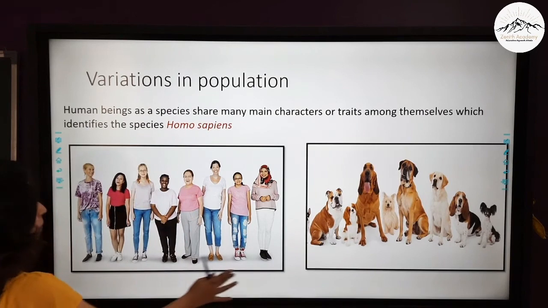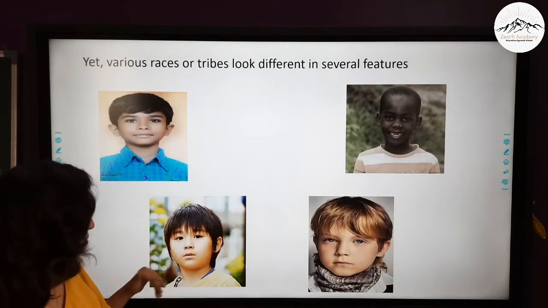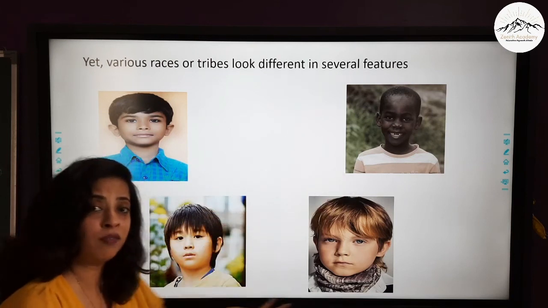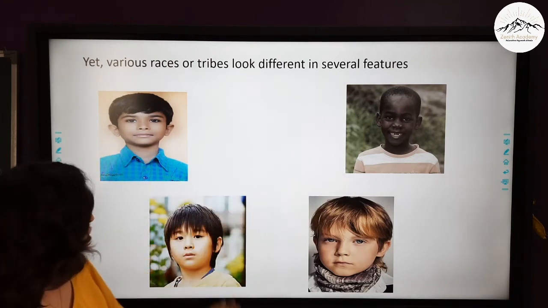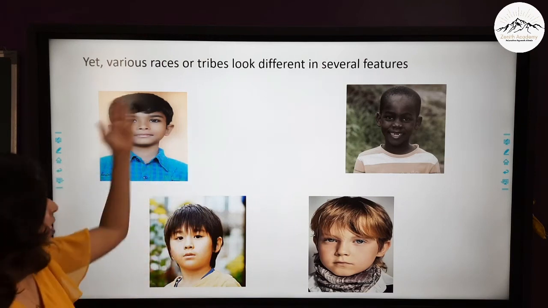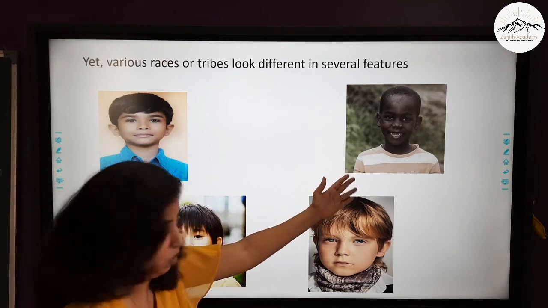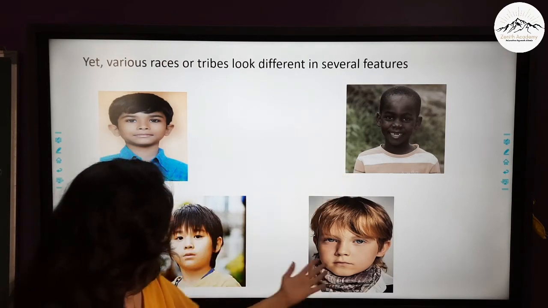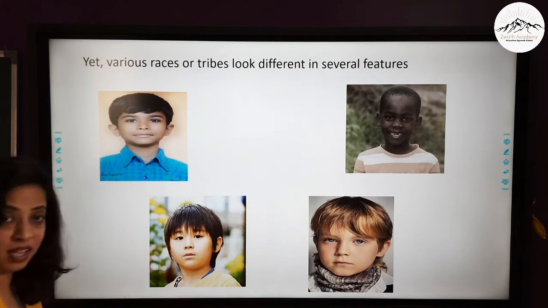Yet various races or tribes look different in several features. Here you can see that all of them are humans, but all of them have different features. Here you can see an Indian boy who looks very different from an African boy. A British boy looks very different from a Japanese boy. So you can identify them.